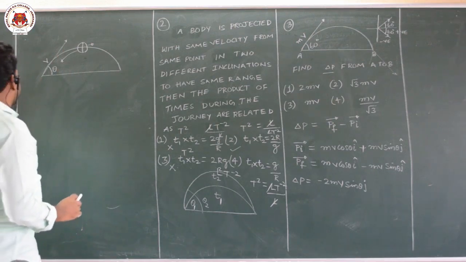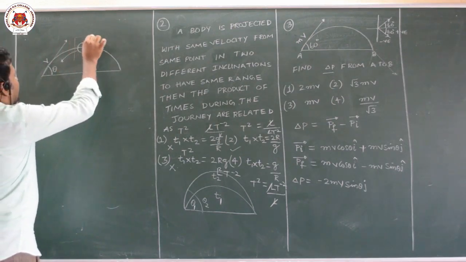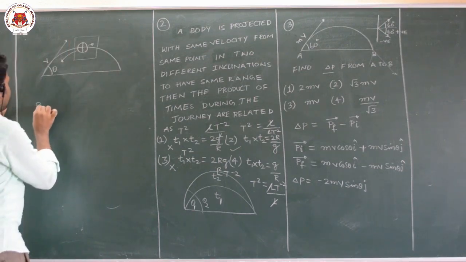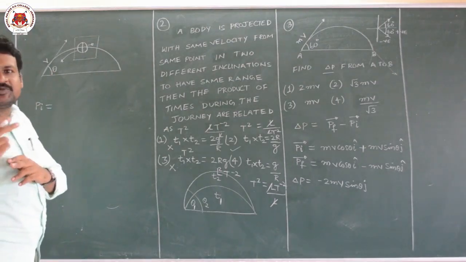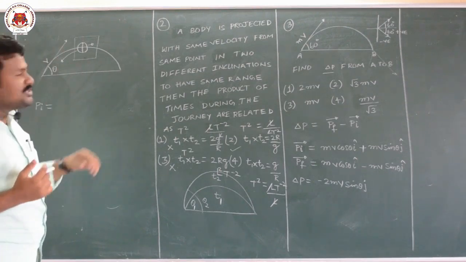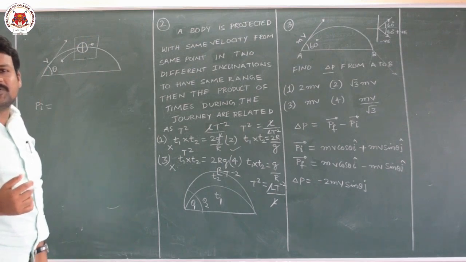So first you have to take this condition where the explosion occurs. At this condition, calculate the initial momentum. What is the velocity of the projectile at maximum height? So many people will answer it is 0. It is not 0. If it is 0, that projectile will fall from there only, acting like a freely falling body.